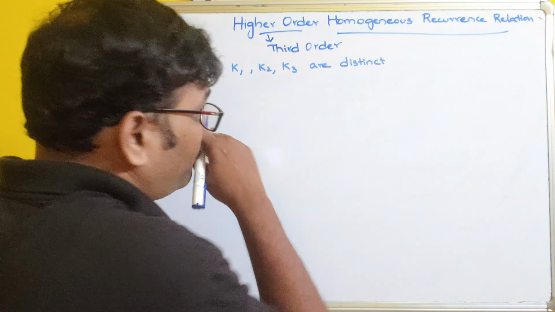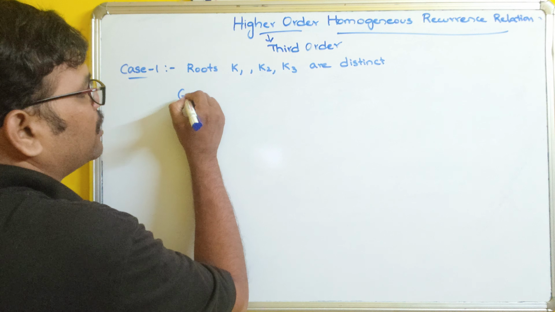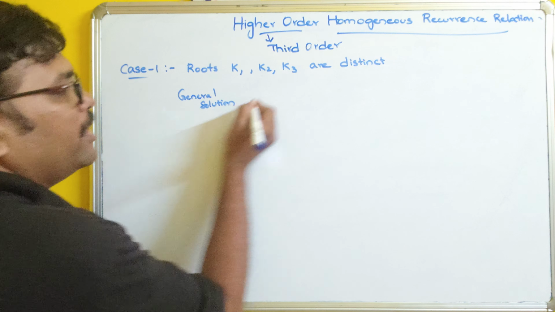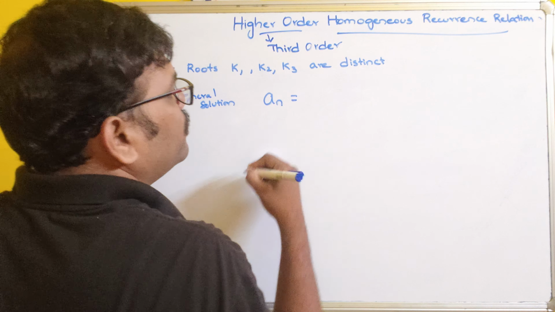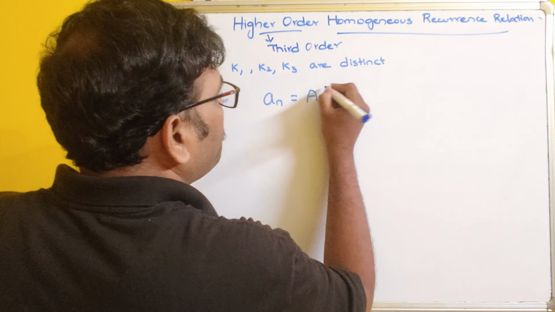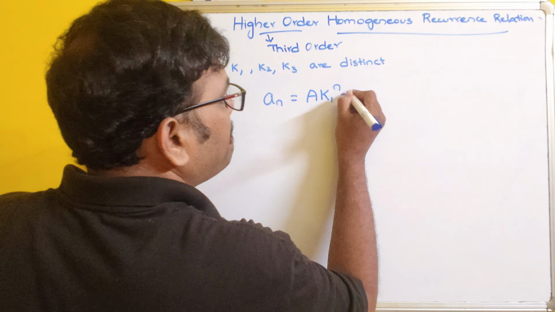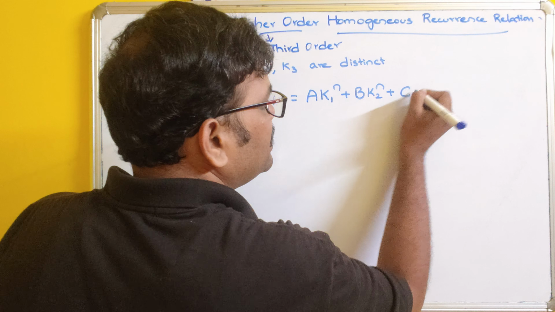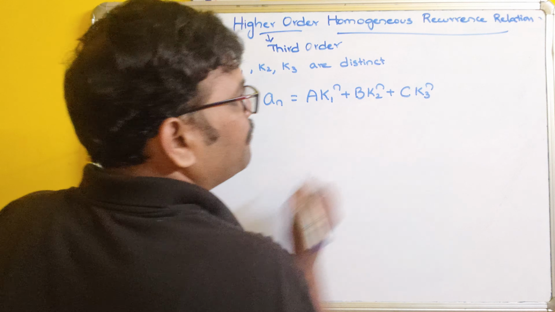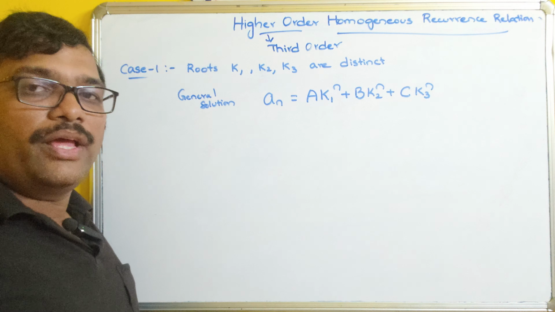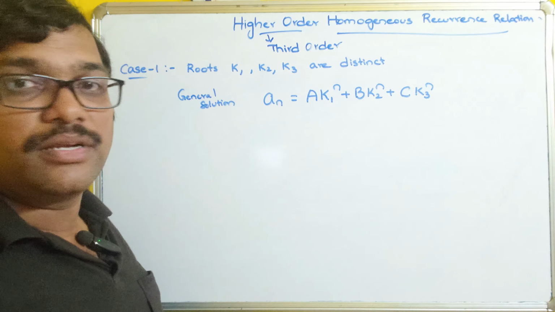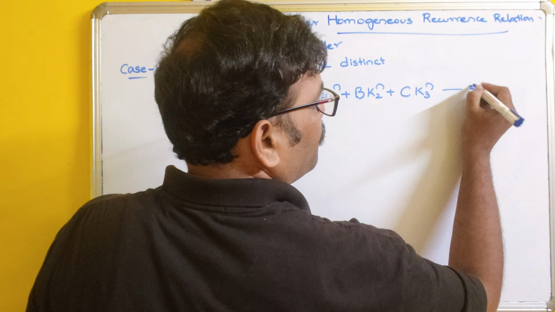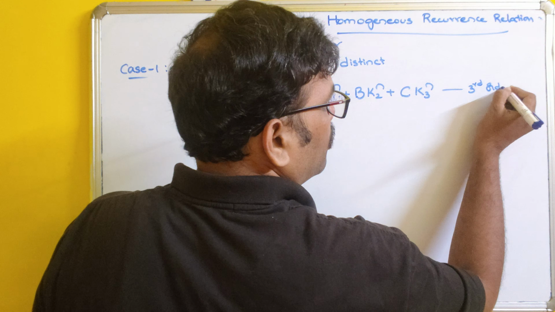If all the 3 roots are different, then the general solution will be an is equal to capital A k1 power n plus capital B k2 power n plus capital C k3 power n, where k1, k2, k3 are roots and A, B, C are constants. So this is for third order.